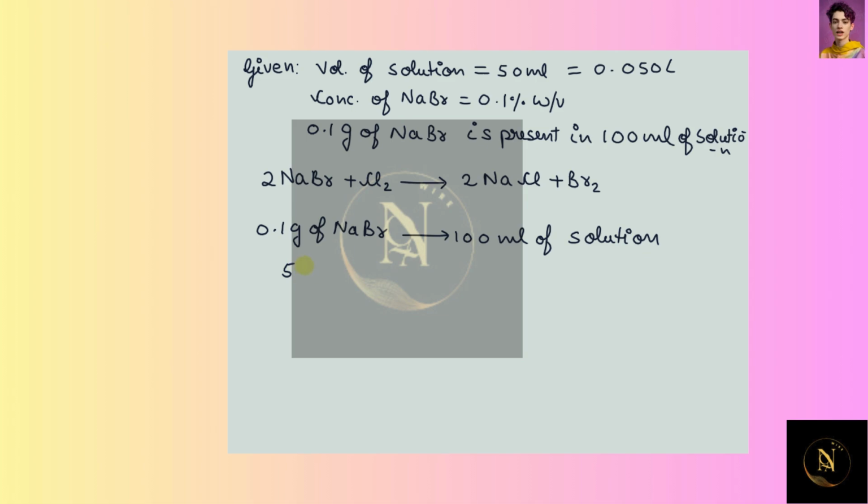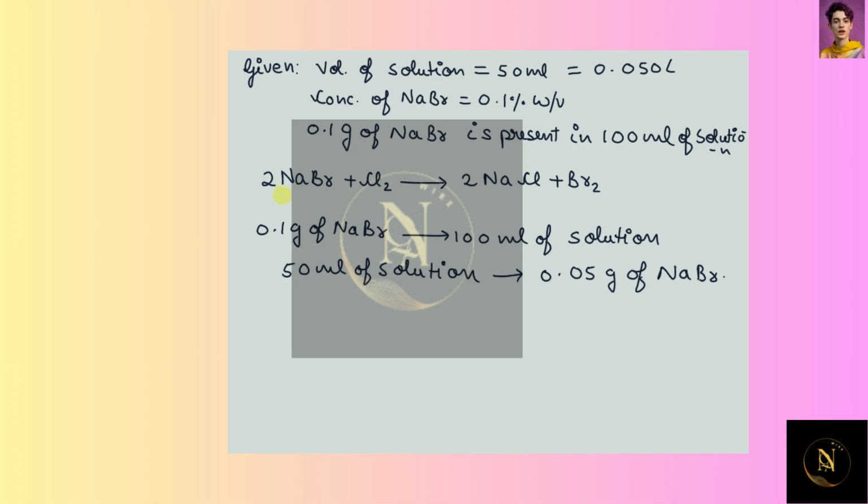So the 50 ml of solution will contain half of the 0.1 gram of NaBr, which is equal to 0.05 gram of NaBr.